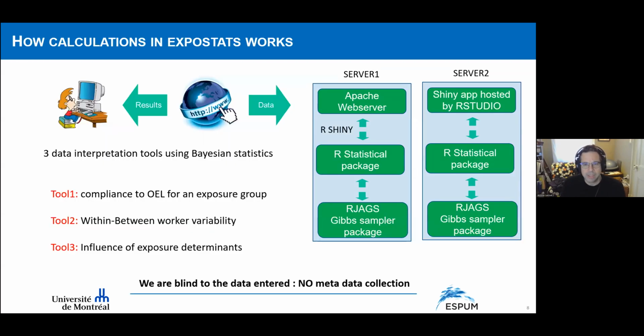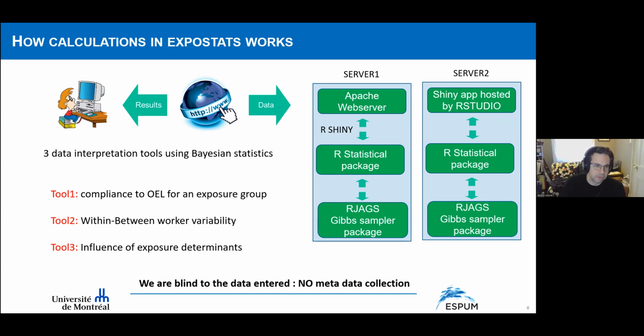So the way the calculations work on our tools, we have mainly three Bayesian analysis tools that you can access either from the web directly, as we will do today, or there's an offline version which you can download and install on your computer.